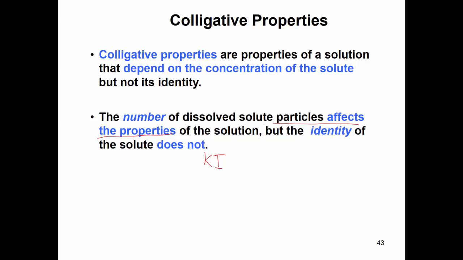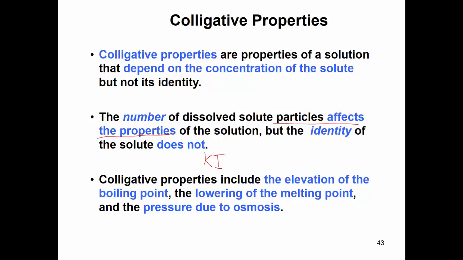Let me go ahead and tell you what those properties are: the elevation of boiling point, the lowering of melting point, and also vapor pressure, which we're not going to cover in this video. So the colligative properties we're looking at in this video are the elevation of the boiling point and the lowering of the melting point.